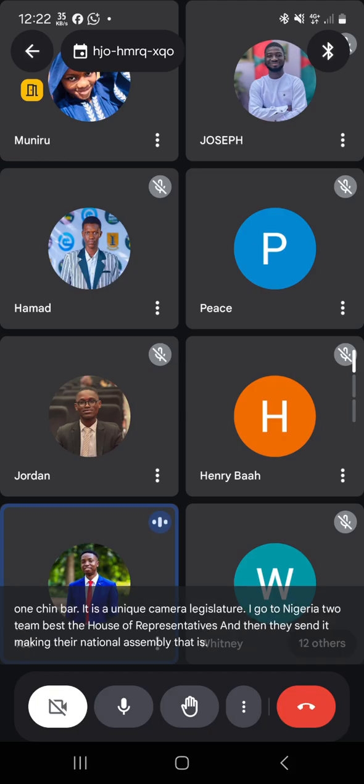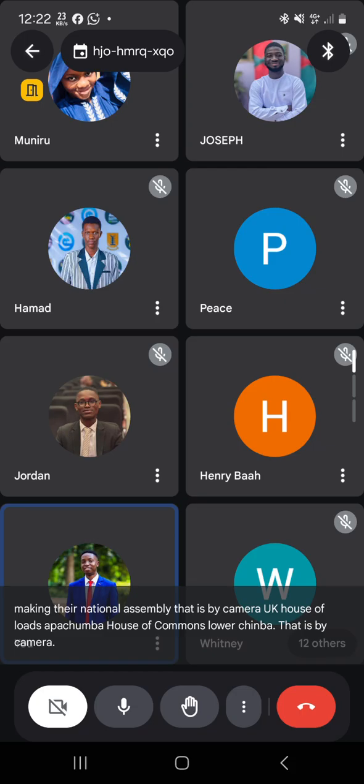That is bicameral. UK, House of Lords, upper chamber, House of Commons, lower chamber. That is bicameral. Tanzania has just one chamber, the National Assembly of Tanzania. Kenya has two chambers, the National Assembly and the Senate.